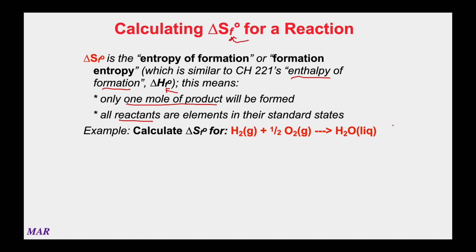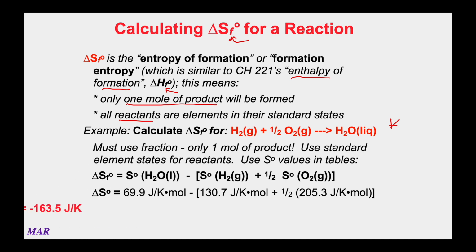So this reaction right here, where hydrogen and oxygen are making liquid water, that is a formation reaction. And if we want to define the entropy of formation from it, this would be a good candidate because we have 1 mole of product, 1 mole of liquid water, and all of our reactants are elements in their standard states. So we can calculate those values.